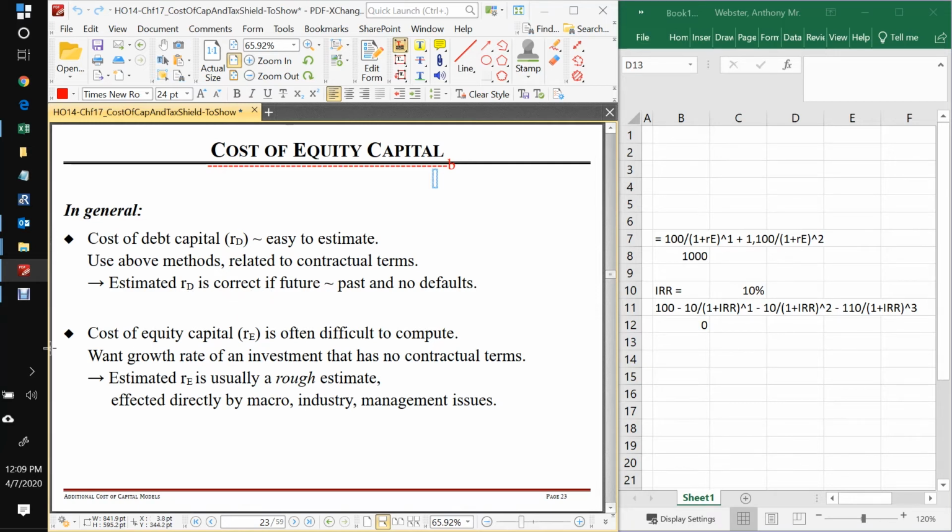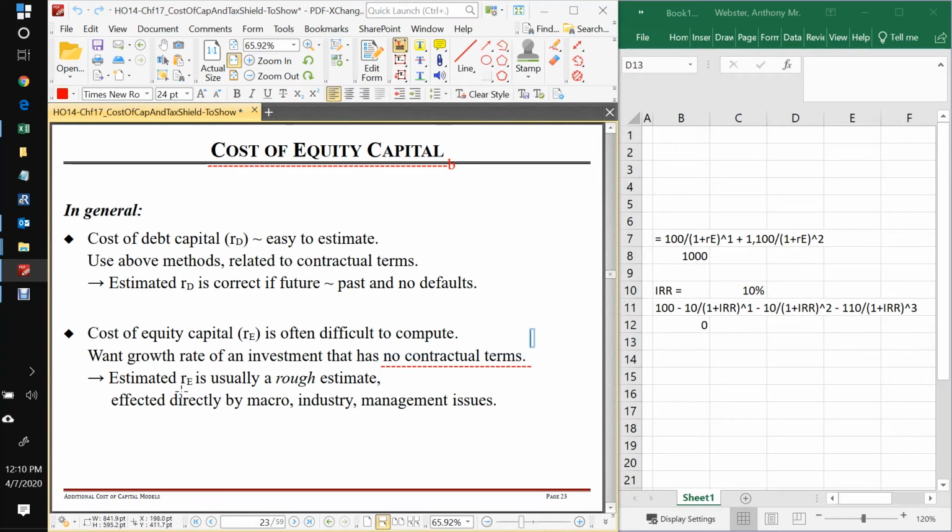So that's great. The cost of equity capital is a completely different animal. It's usually very difficult to estimate. The reason is we want to understand the growth rate of an investment that has no contractual terms, right? That's the key point here: we're just flying with expectations, not contractual terms.